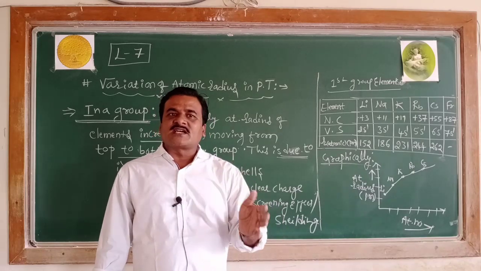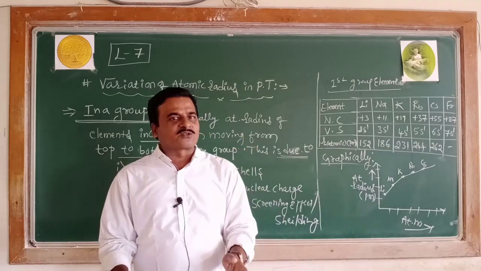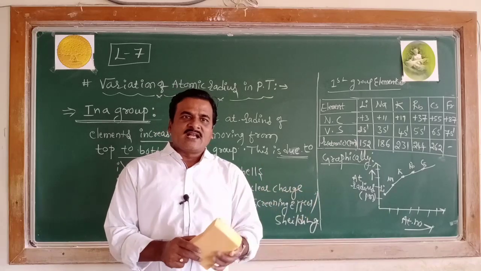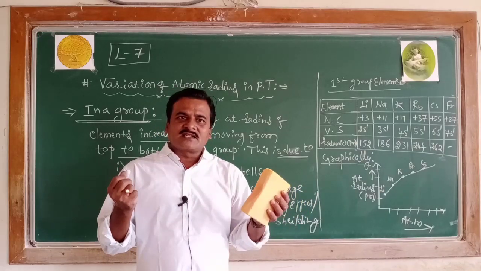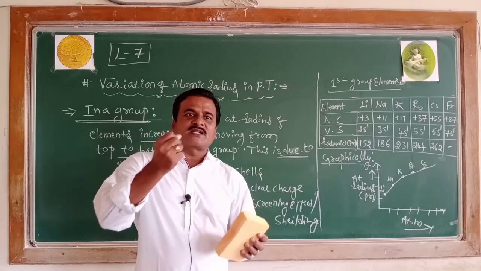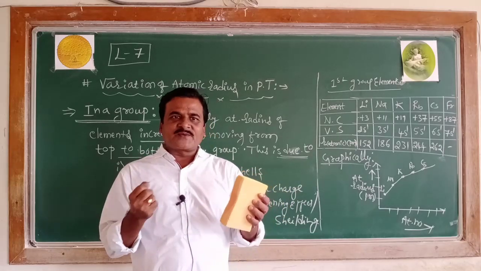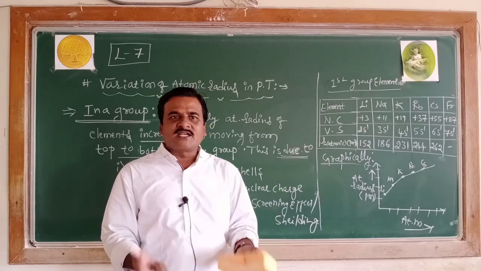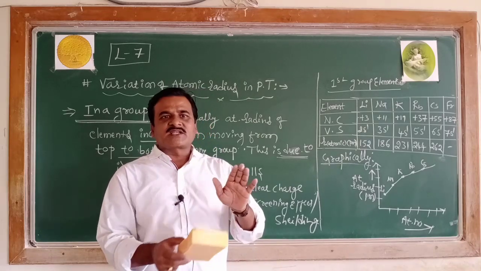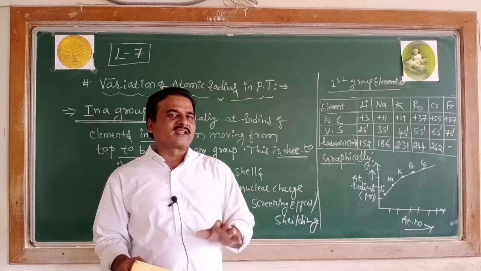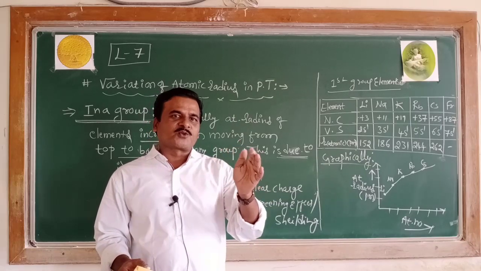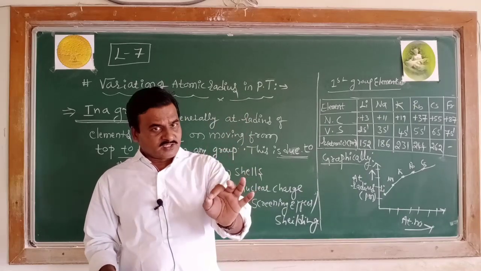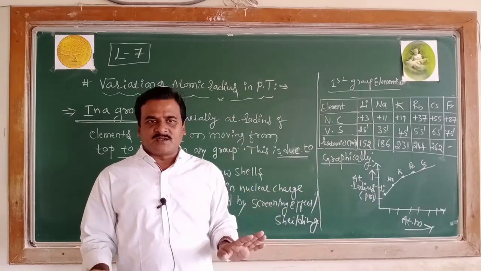Though the nuclear charge also increases moving down the group, the magnitude of the shell increase and the screening effect overtake the increase in nuclear charge. Thus, the atomic size goes on increasing moving from top to bottom in a group of the periodic table.